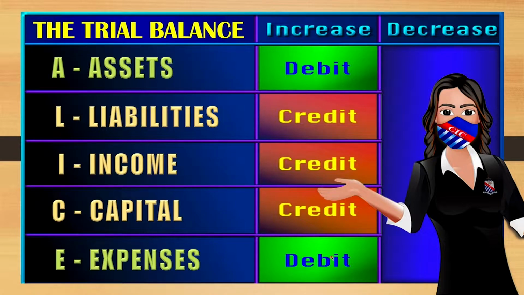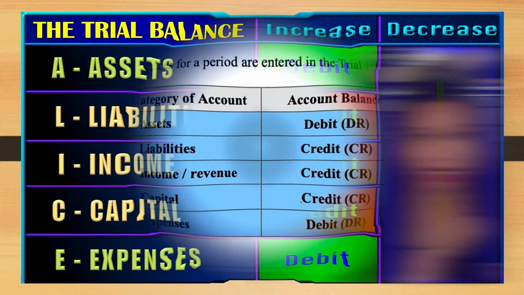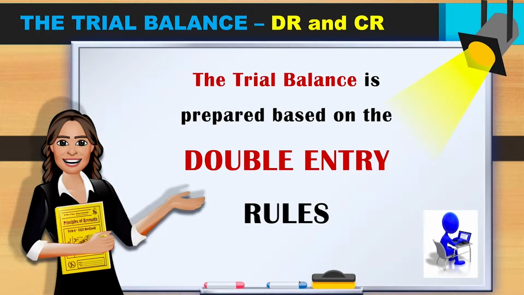So to know what you are putting on which side, it will be assets and expenses in the debit column, liabilities, income, capital in the credit column. Once you memorize this, that's it. You just follow those rules, okay?